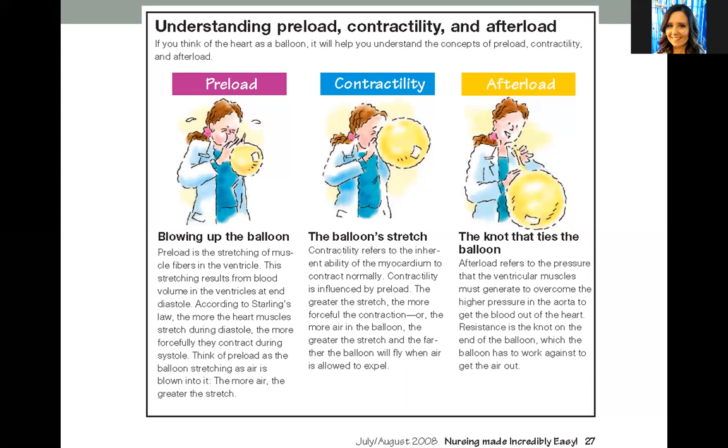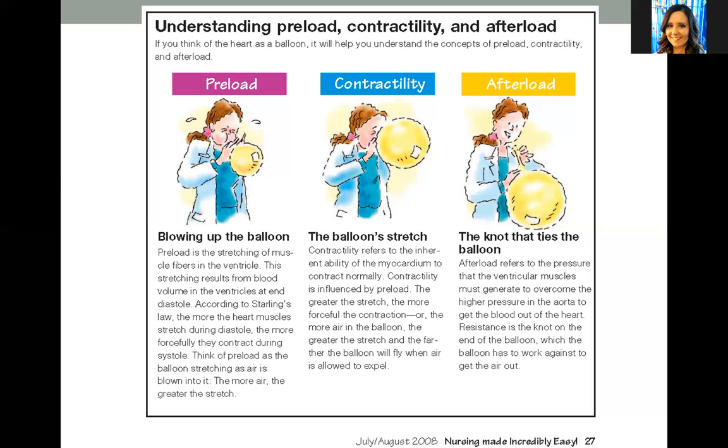So an example of afterload could be, and we'll talk about this here in a second, our SVR, our systemic vascular resistance, or our PVR, pulmonary vascular resistance. So systemic vascular resistance, just the pressure in our system, our vessels, so arterial: how hard does that left ventricle have to squeeze to get blood out into the aorta, into the body?